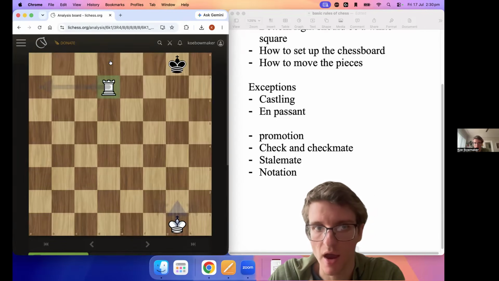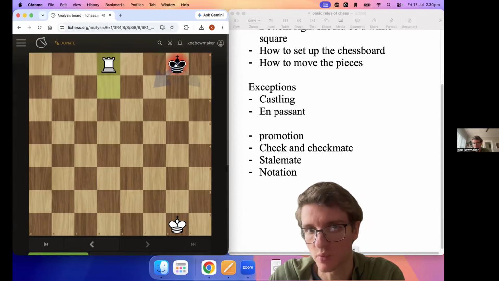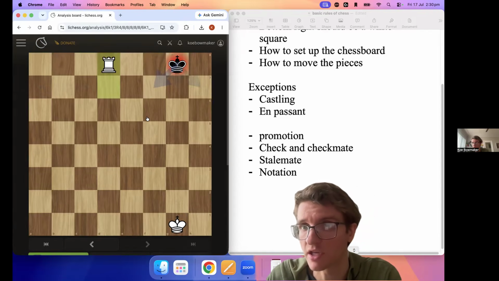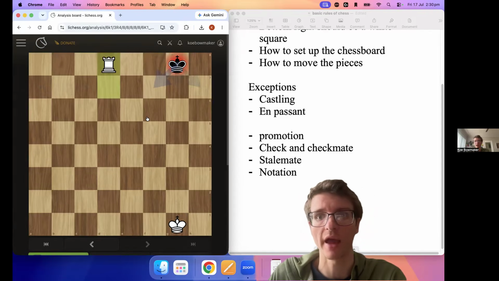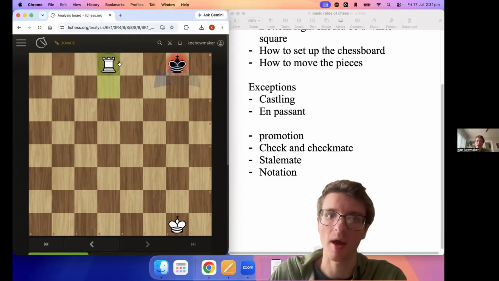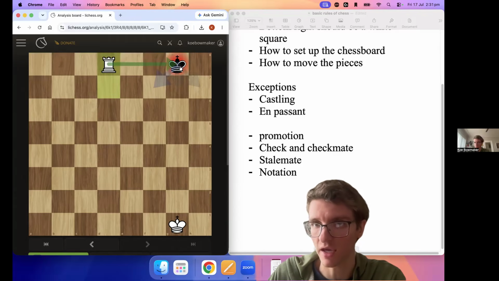If I move my rook here, see we get this red highlight. So if you're playing online, you'll get something like this, and this red highlight will let you know that your king is in check. If you're playing in a real game, then you're just going to have to discern that yourself.